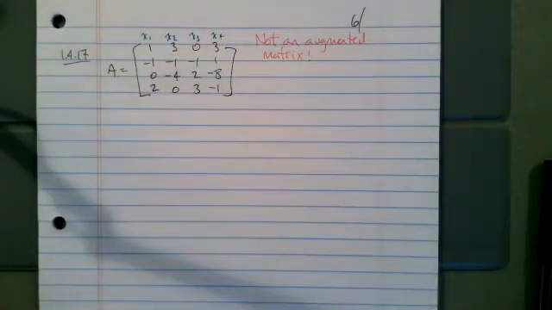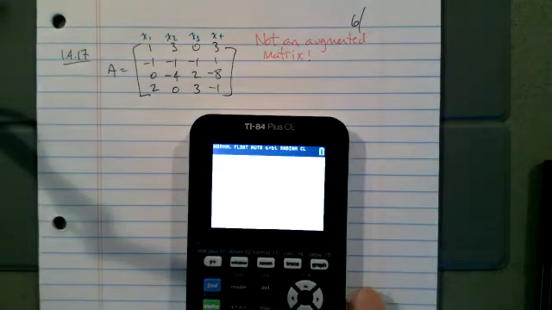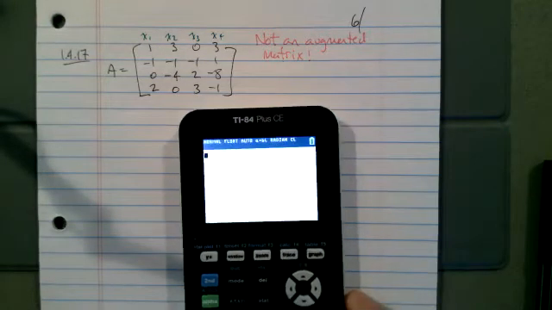An augmented matrix would have another column out here with the constants, but we're just looking at the matrix A, the coefficient matrix. Let's find the reduced echelon form of this matrix so we can find out where the pivots are.